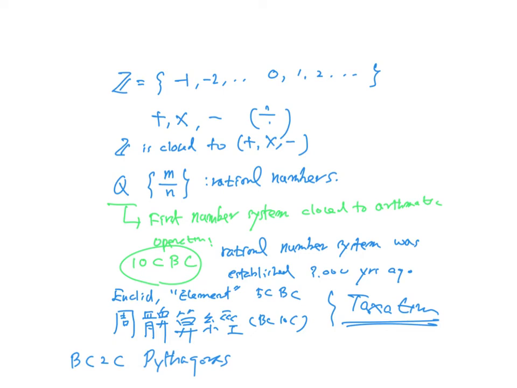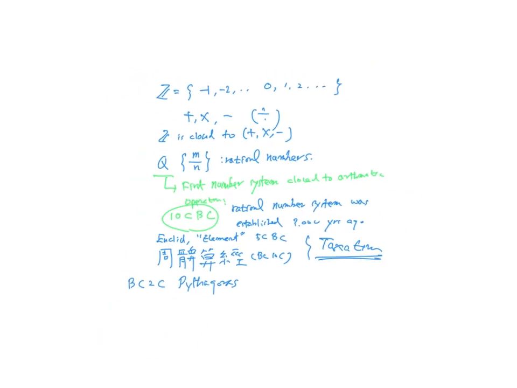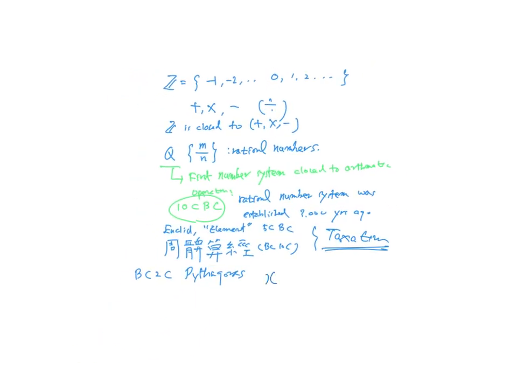Pythagoras, right? He asked the question: is there any number such that x squared is 2? This is a very simple question. And now we know that, right? This is called the square root of 2.